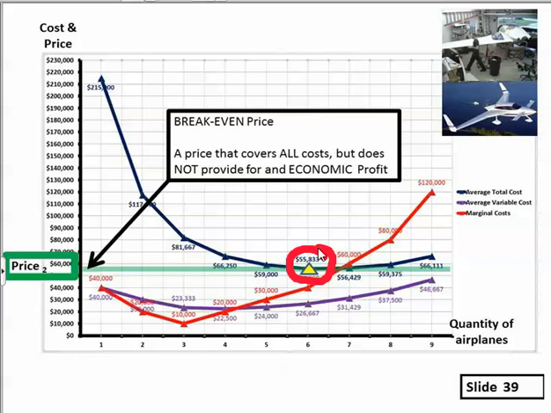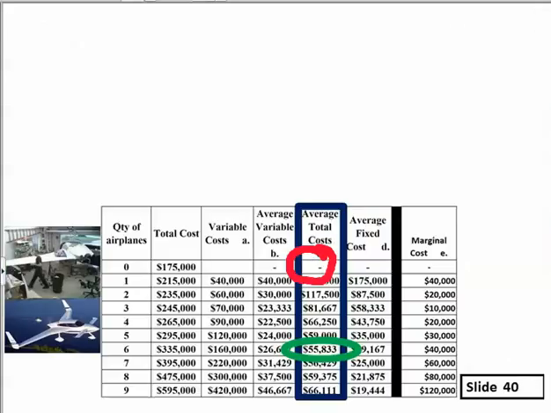We find it by looking at the lowest average total cost. Okay? We can find it on the graph, or we can also find it in the chart by just going down the column again, and lo and behold, wasn't that our minimum cost output level? Yeah, it was. Okay.